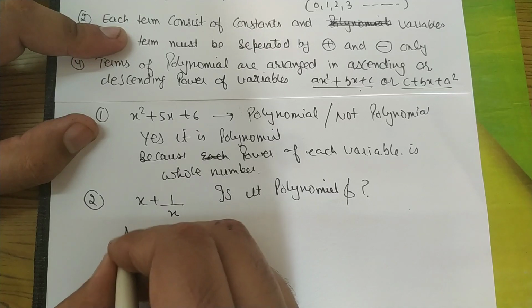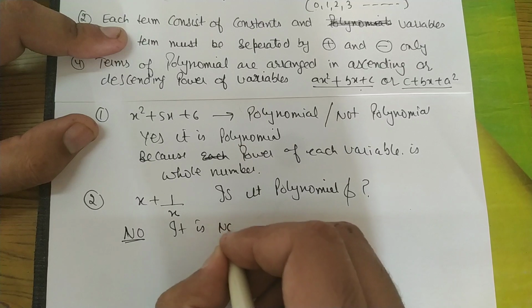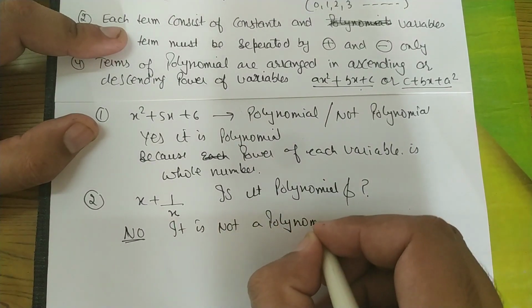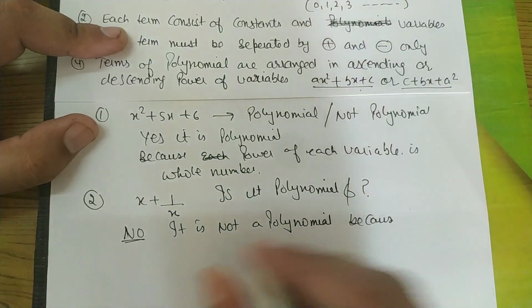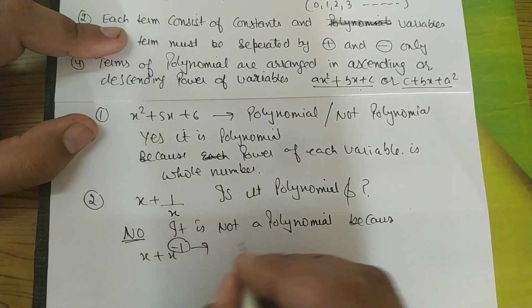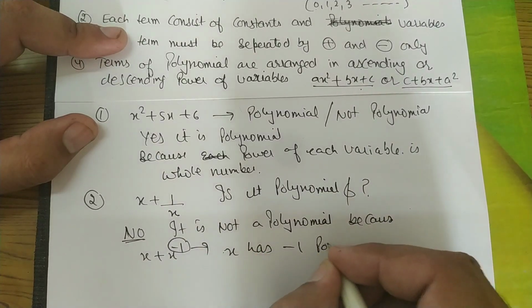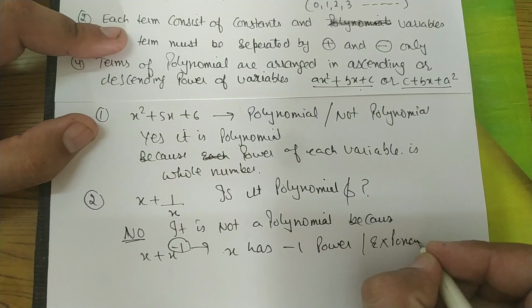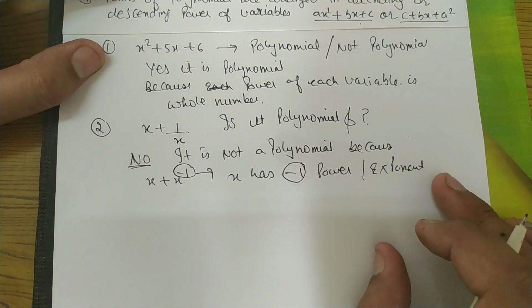No, it is not a polynomial, because 1 by x can be written as x with minus 1 power or exponent. So that's why it is not a polynomial.